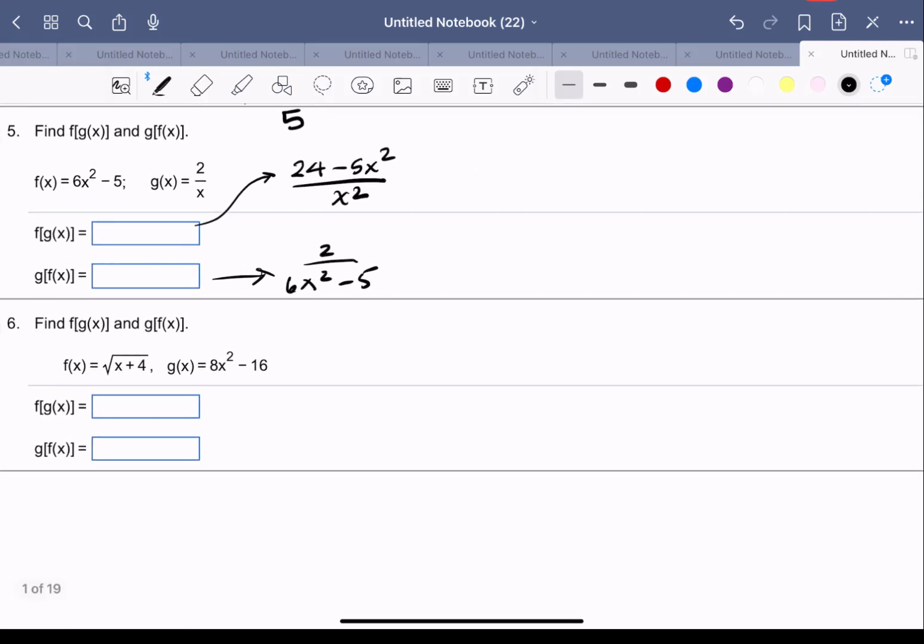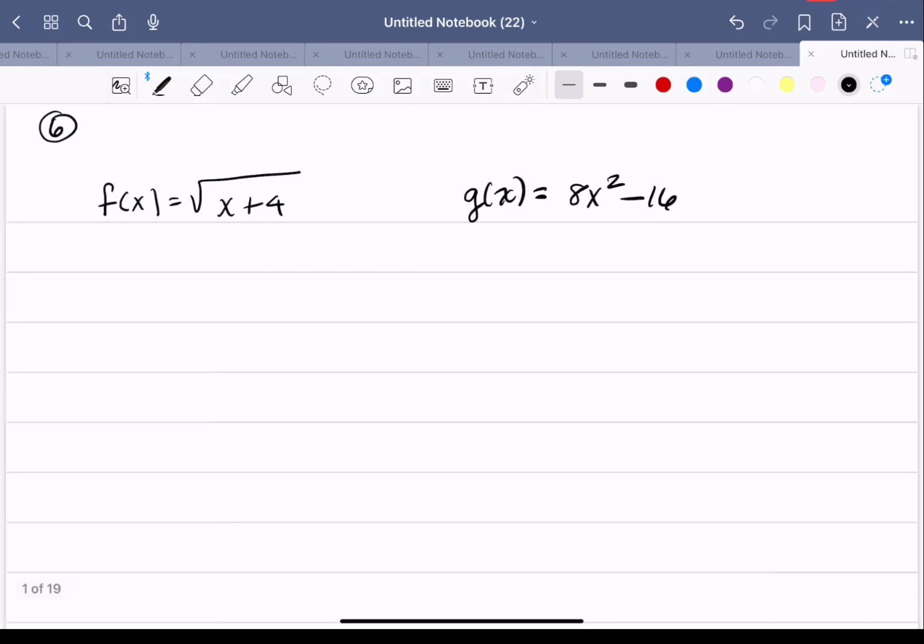Example number 6. Find f of g of x and g of f of x if f of x is the square root of x plus 4 and g of x is 8x squared minus 16. So they ask us to find f of g of x and g of f of x.